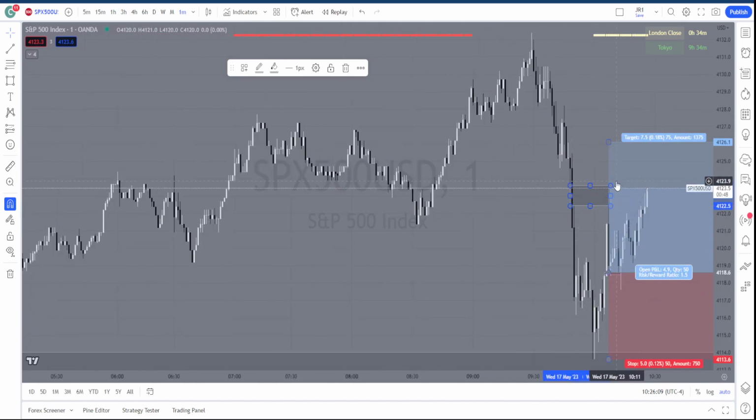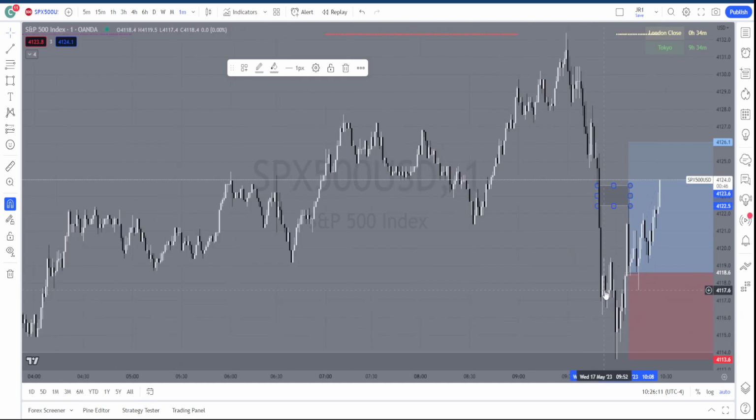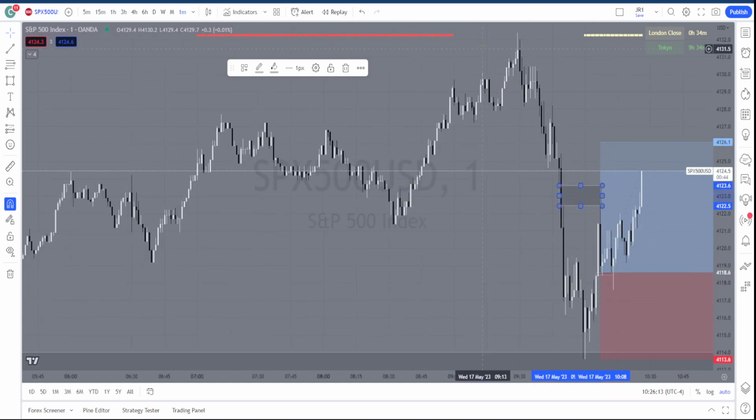Because if institutions want to buy, they're not going to buy up here, okay? This is where the New York Stock Exchange opens. If today's going to be a buy, they're not going to buy up here, okay? And even if they're going to sell, they're not going to sell down here. They may not even sell here, okay?